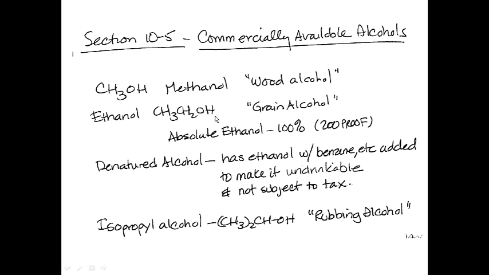Ethanol, CH3CH2OH, is called grain alcohol. You can make it by the fermentation of sucrose and other organic materials. Nowadays there's the big push to take cellulosic material and try and convert the cellulose into ethanol.